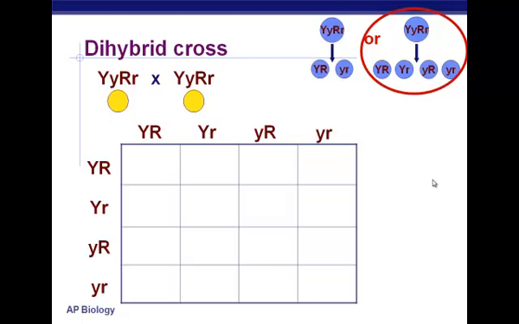So we have first, which means the first of each letter, so the first Y with the first R, so we get capital Y, capital R. That's our first combination for a gamete, so we wrote it on the top. What does O stand for? Outside. Kind of like the bookends. You've got the outside Y and the outside R, and so that gives us big Y, little r.